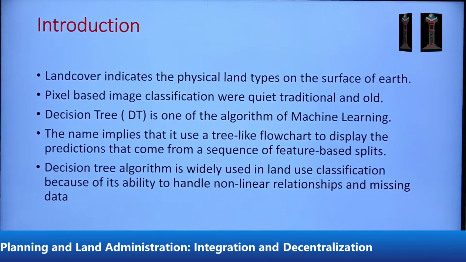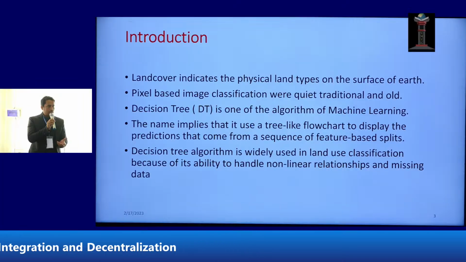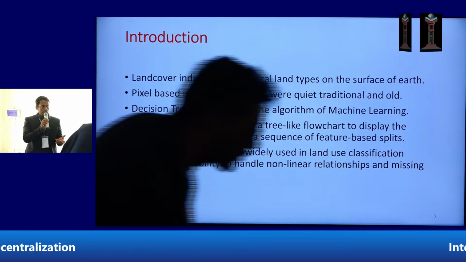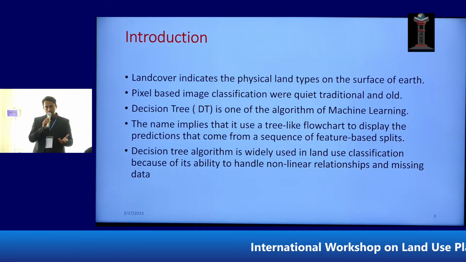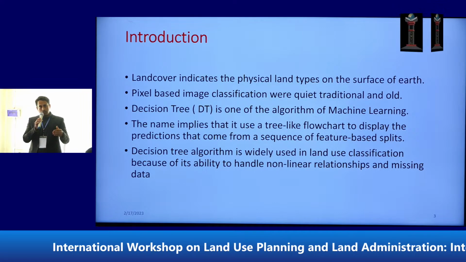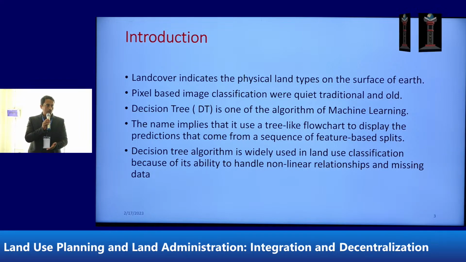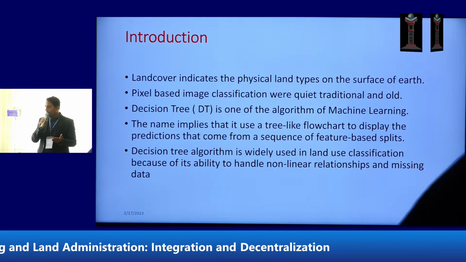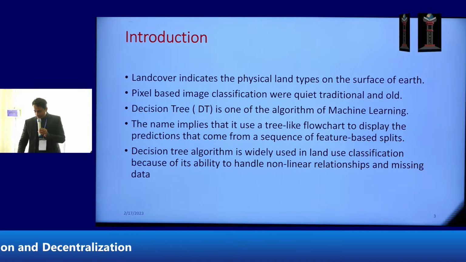It is not always the case that the data is normally distributed. Sometimes the data may be noisy, or there may not be a linear relationship. At that time, we have to use methodology other than the normal distribution. In that case, a decision tree easily solves those types of problems. That's why it is mostly used for image classification.